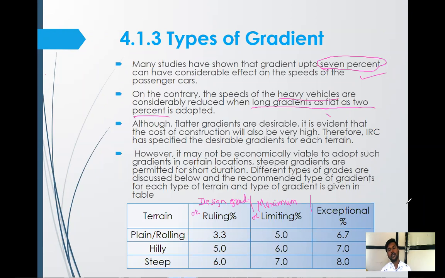Second is the limiting gradient. Limiting is what? Maximum. The limiting gradient is also called the maximum gradient. And the last one is the exceptional gradient. Write down this table. This is a very important table.